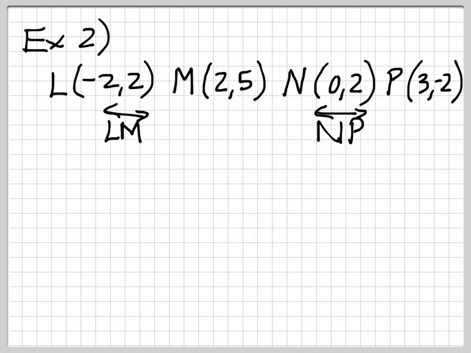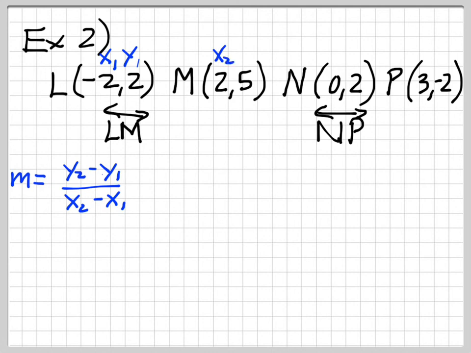So I'm going to go back to my slope formula again. And I'm going to do line LM first. So again, I have to say this is x1, y1, x2, y2. And I'm going to do the work right here, and I'm going to be very careful and plug the appropriate number in the appropriate spot.